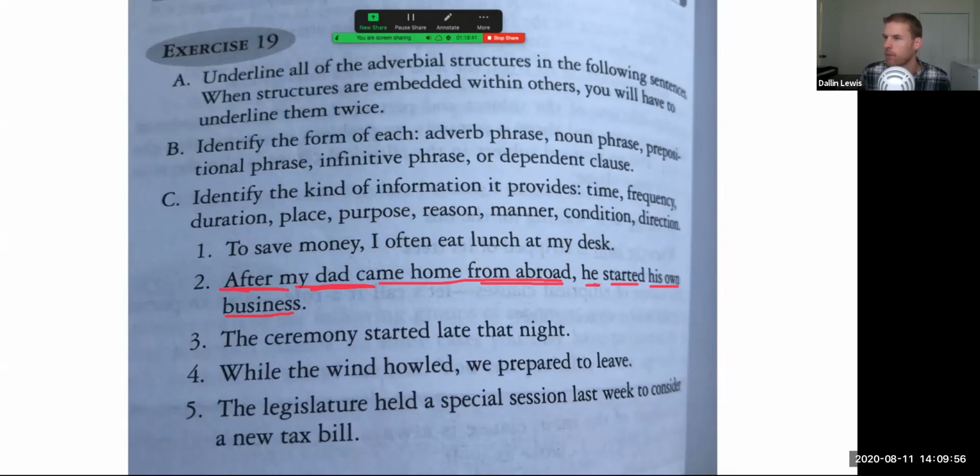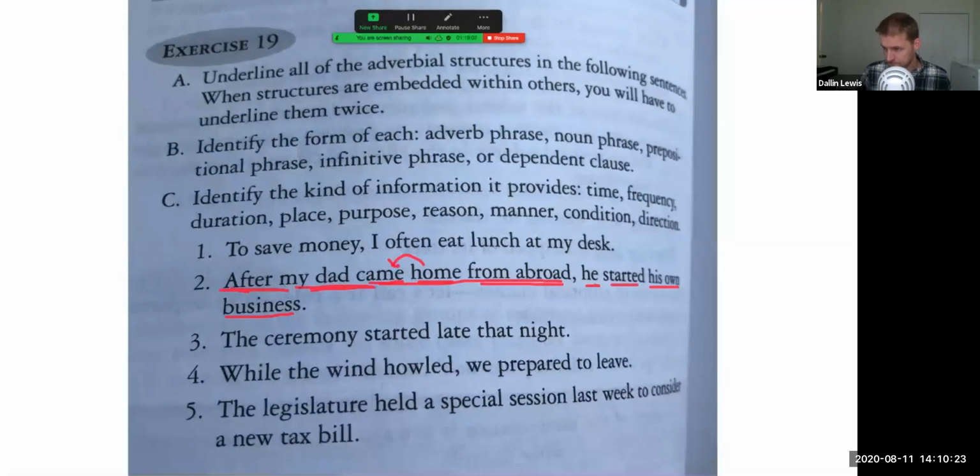What I'm thinking about here is, is came an intransitive verb that does not require an object, in which case home would be an adverbial noun, or is this a transitive verb that requires a direct object and is home that? Let me think about that for a second. My dad came home. Yeah, it would have to be direct object. So this is not an adverbial noun, it is just a direct object complement to came, okay? That's number 2.